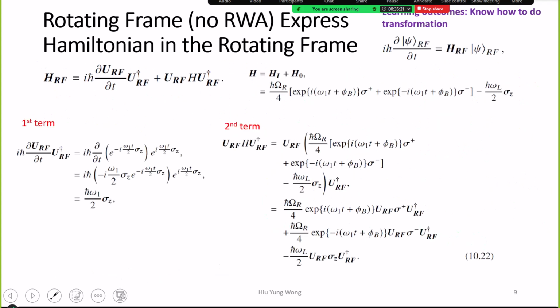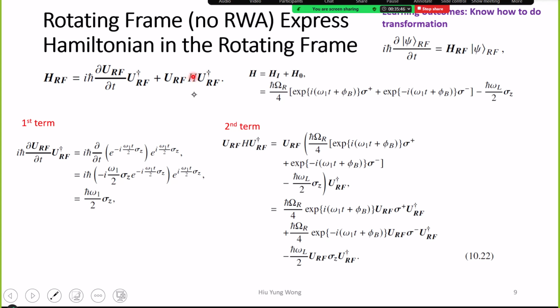Now, if no, then what do we have? We have this HRF, and then this was the original Hamiltonian. So in that case, I need to plug in this H to here.